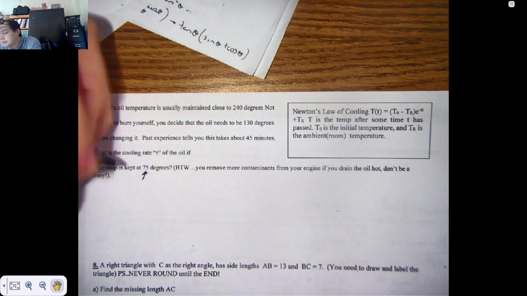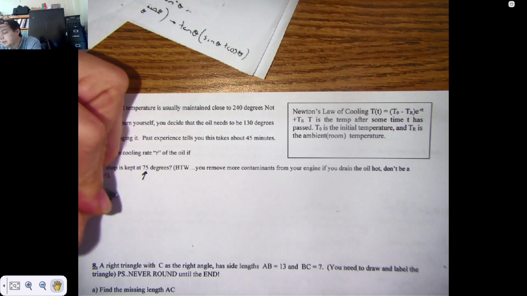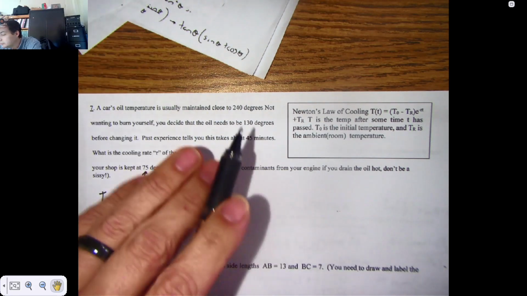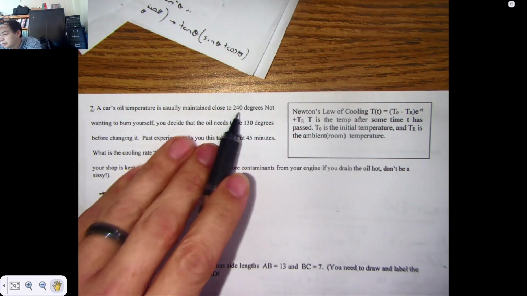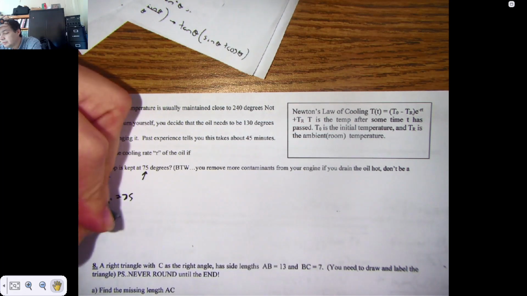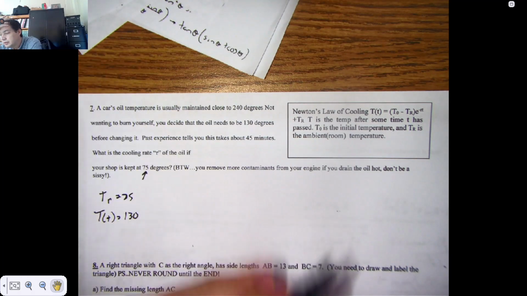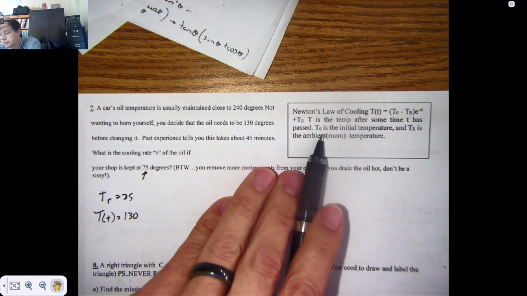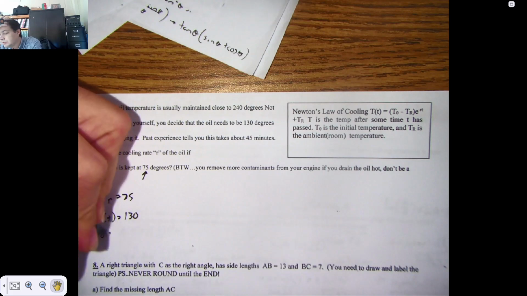So what's this? This is the room temperature, TR. 130 is the temperature after time that you desire. T0 is the initial temperature, so 240.